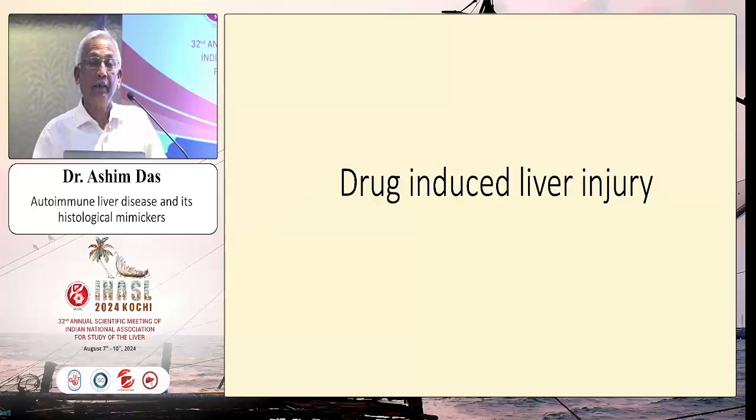When the clinical parameters are very much like autoimmune hepatitis, but biopsy-wise you don't see that amount of inflammation, one should think that this could be a drug-induced liver injury. So the basic theme of a diagnosis, distinguishing between drug-induced and autoimmune, should be the intensity of the inflammation.